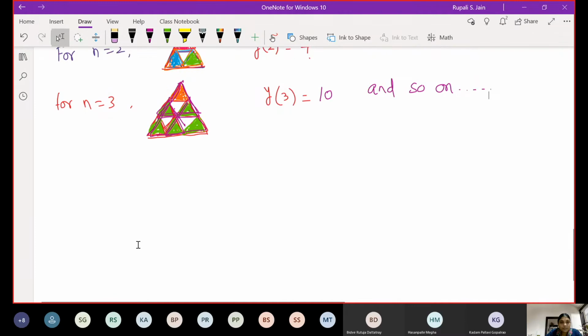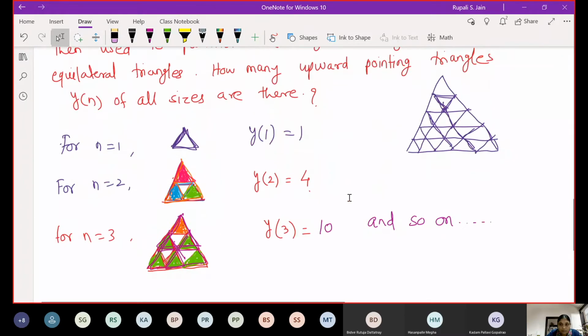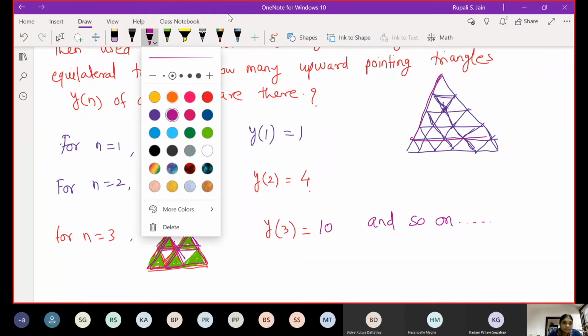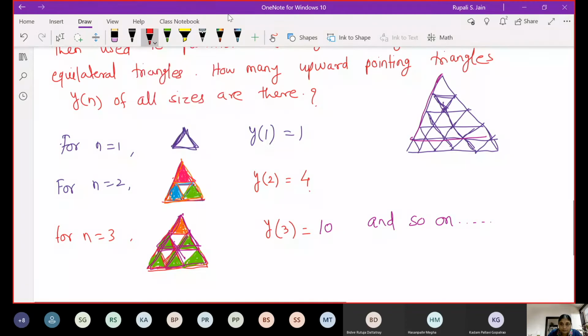Now what is y at n plus 1? Can you say here? Like from here, y at n will be what? If I remove the last row, which color should I take? Okay, now you see up to here only I am considering. So this is my y at n.